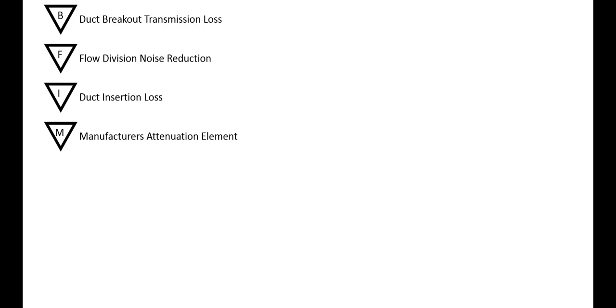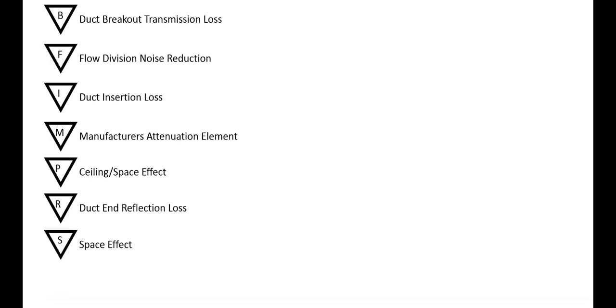Phantom unit; the ceiling effect, which is the noise reduction created by having a ceiling in between your plenum space and occupied space; duct end reflection loss, which is the attenuation of reflected low-frequency energy back into the ductwork due to a sudden area change; the space effect, which is the dampening of sound from a source in open space to the perception point within an occupied space; and elbow and T attenuation, which is the attenuation based on the change in directional flow of ductwork in elbows and T's.